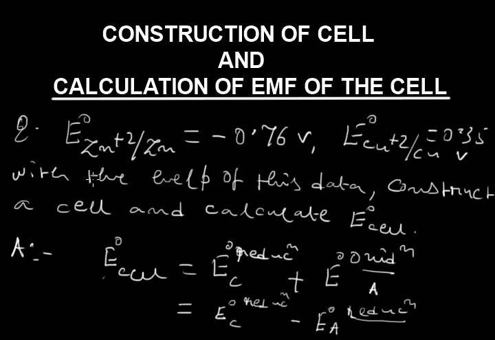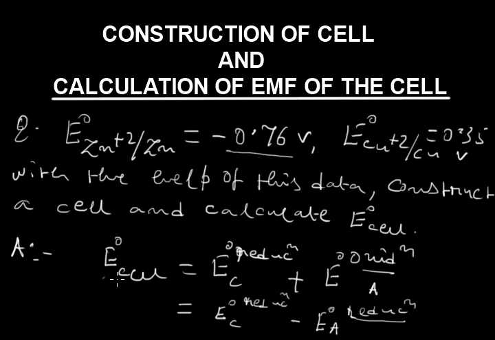Now from the value given in the problem, we determine which is acting as cathode and which is acting as anode. Now the value of reduction potential of Zn+2/Zn system is minus 0.76 and E0 Cu+2/Cu system is 0.35 volt. Now this is positive value.